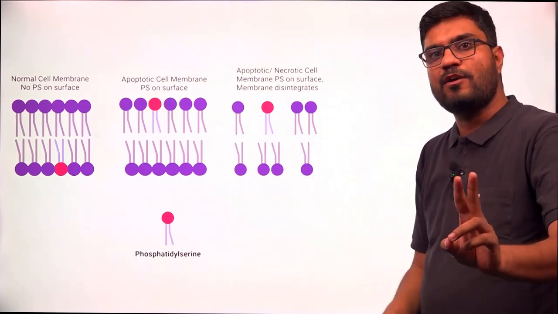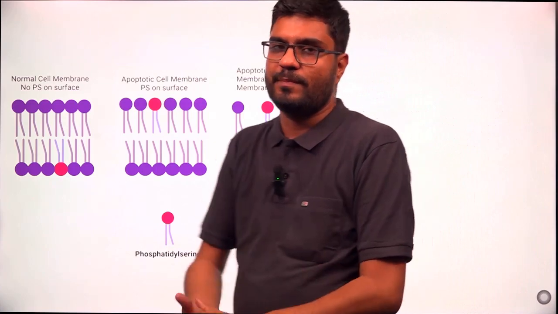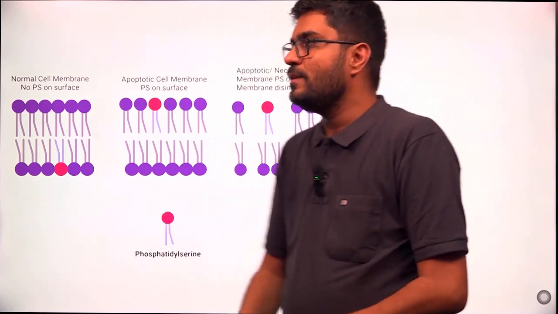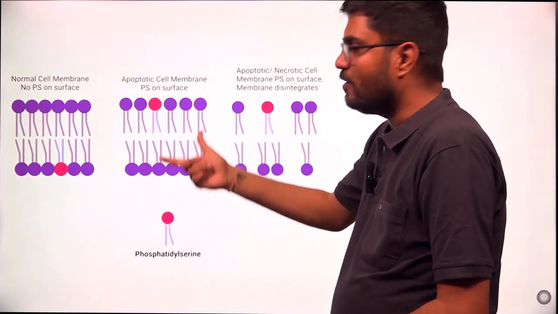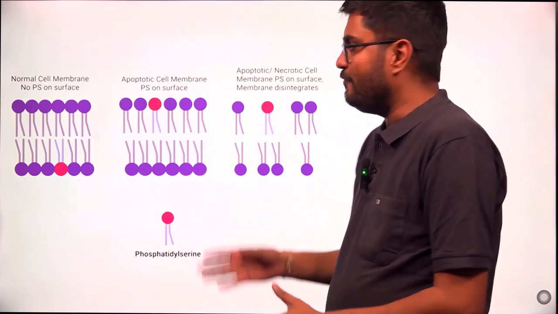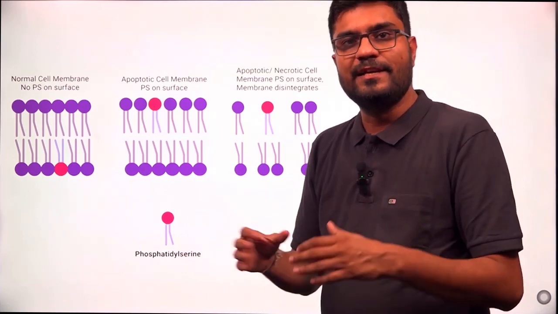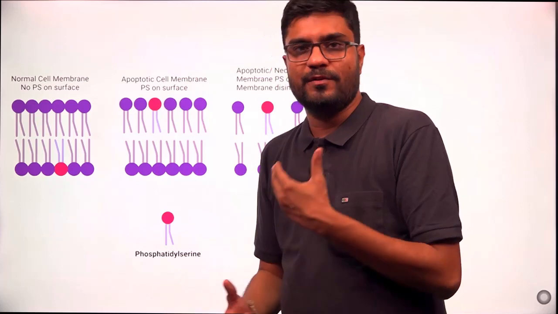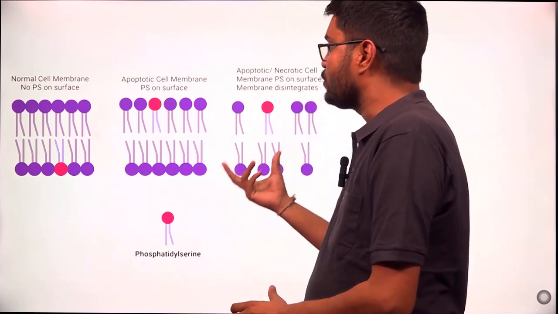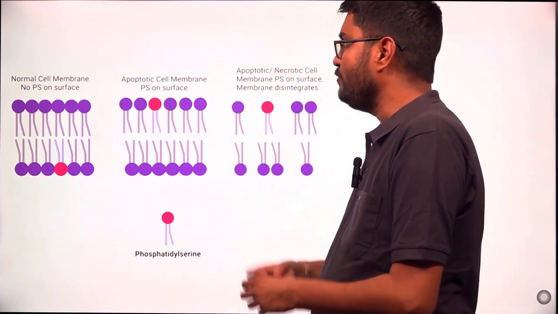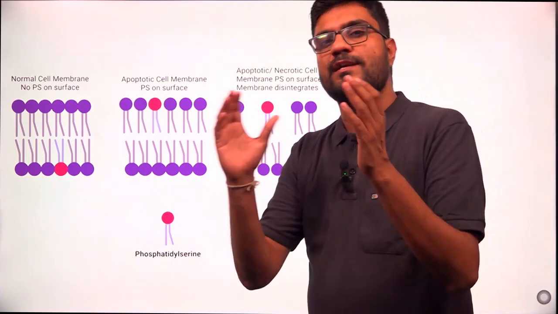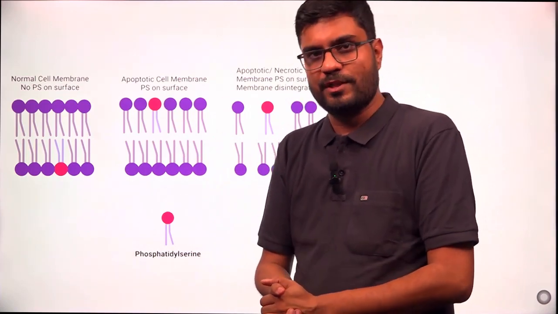So we are working on two major symptoms of apoptosis. The first is initially the flipping of phosphatidylserine, and finally the increased permeability of that particular cell. These two symptoms we will be utilizing to understand apoptosis by using flow cytometry.